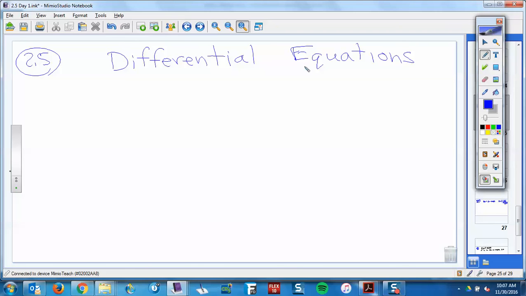After Calc 3, the next course is usually a course called differential equations, or as the math geeks like to call it, DiffEq. DiffEq. What are you taking this semester? I got DiffEq. I'm in DiffEq. This sounds cool. Okay, DiffEq. But differential equation.